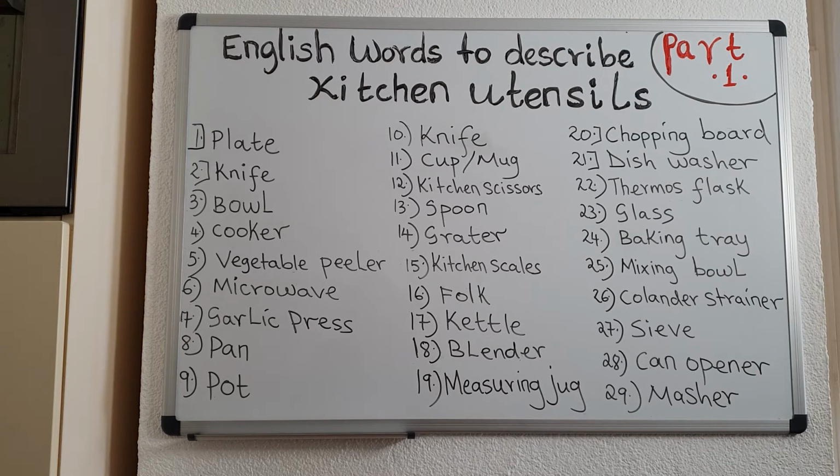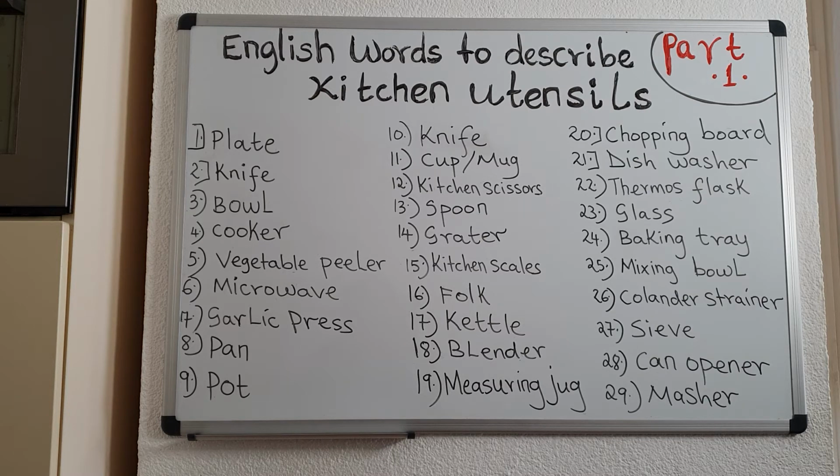If you want to fry, for example, small pieces of potatoes or potato fries, you will use a pan. You will put some cooking oil in the pan, and then you're going to put the small pieces of potato chips inside there, and then you fry them.